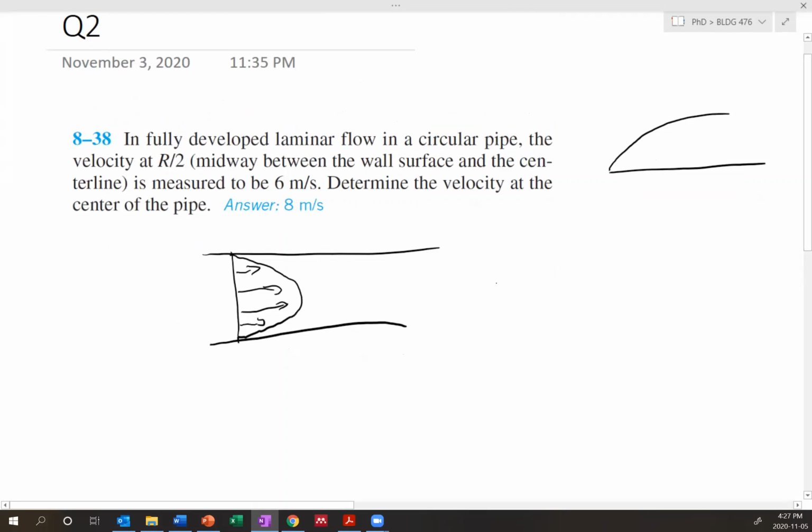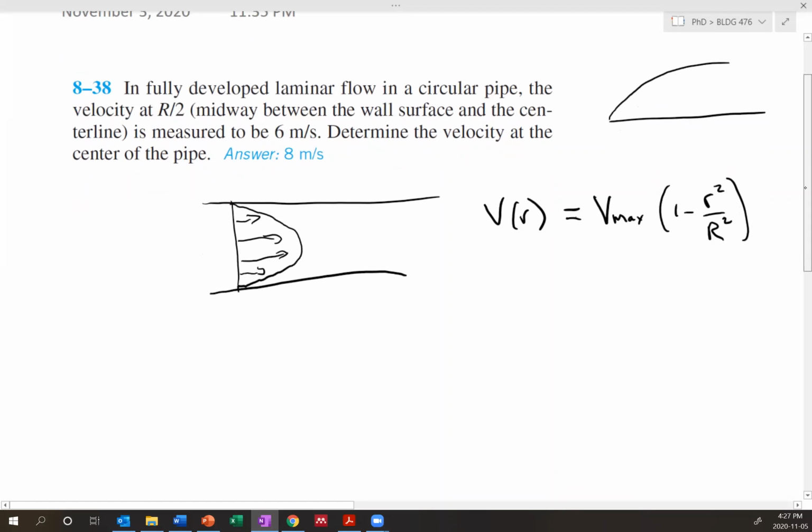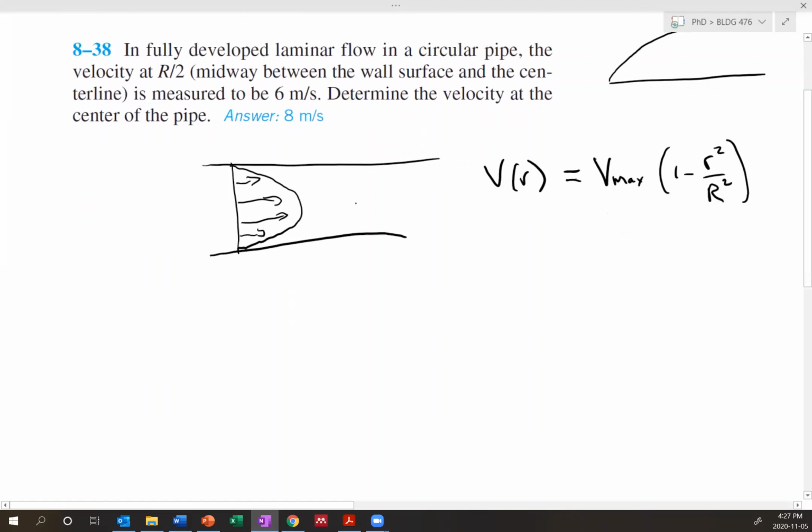So we know our equations. This is true for pipes. Our velocity at any r is equal to our maximum velocity times 1 minus r squared over R squared, with r being the one we're interested in and the big R being the actual radius.